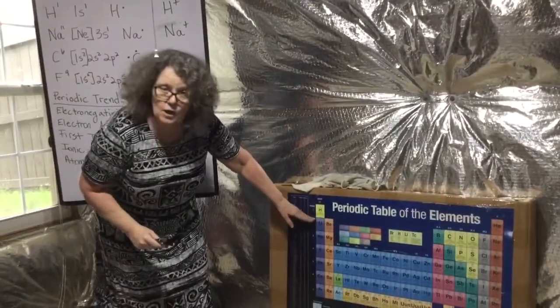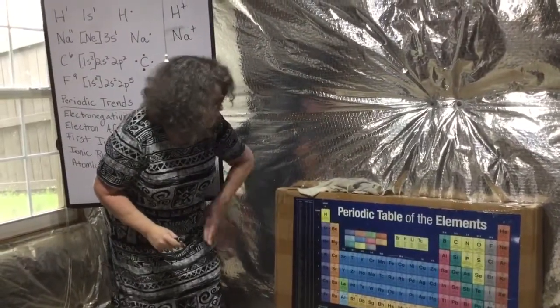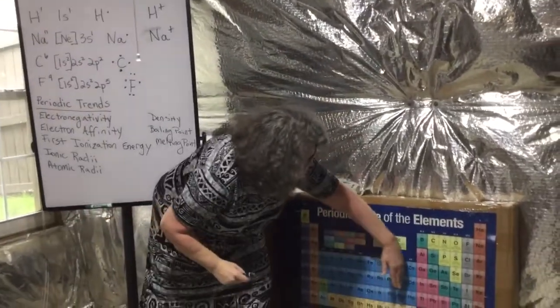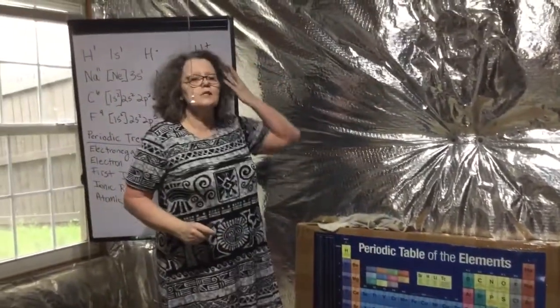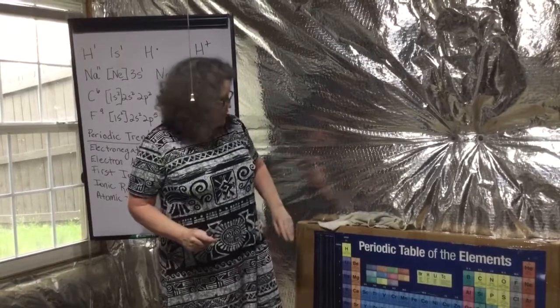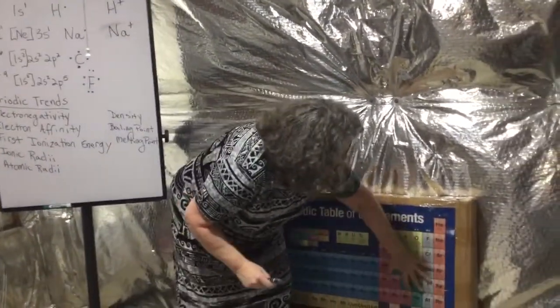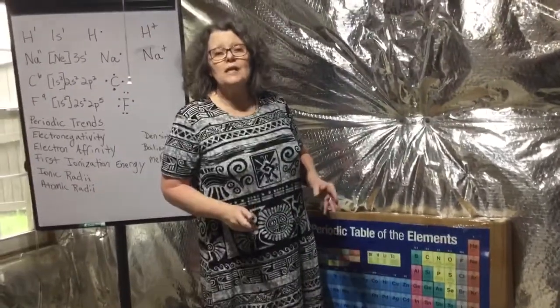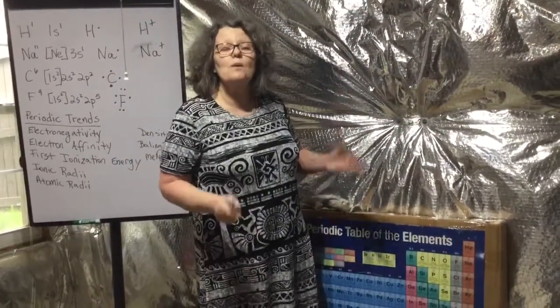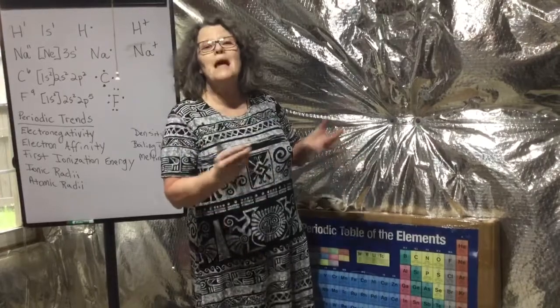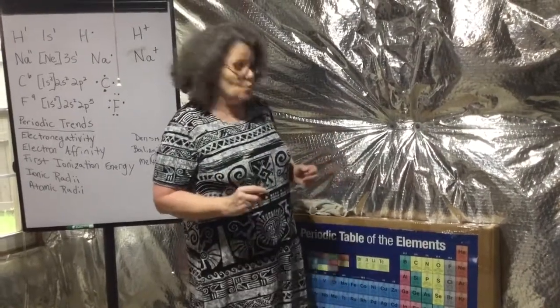Group 1, the alkali metal, group 2, the alkaline earth metal. We're skipping transition elements, transition metals, and just focusing on S block, P block. These are said to be main group or representative elements. Representing what? Representing patterns, periodic trends.